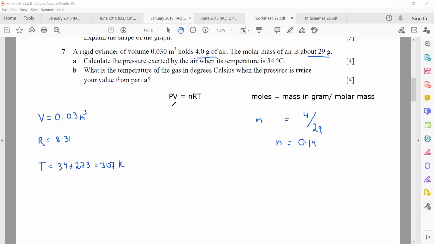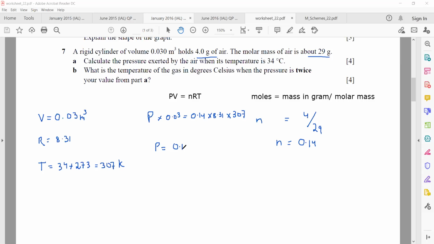So we have this equation. P is unknown, we are finding. V is the volume, which is 0.03. n is the number of moles, which is 0.14. R is the general gas constant, which is 8.31. And T is the temperature, which is 307 Kelvin. Volume is multiplied on one side, so on the other side it will divide.